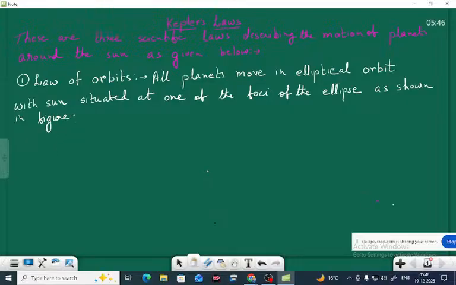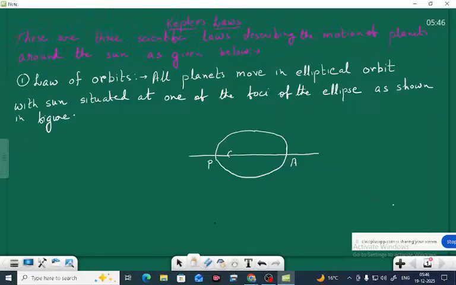Now you see here, suppose this is the elliptical orbit of the earth. And suppose this is the position of the sun. Suppose this is P, this is A, and here there are S and S dash.